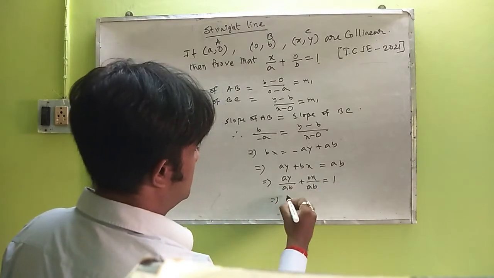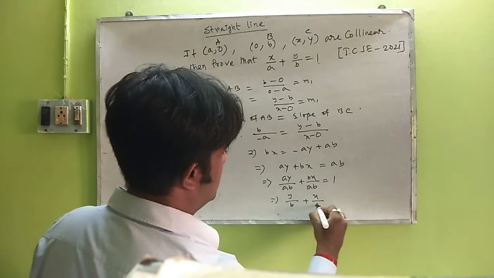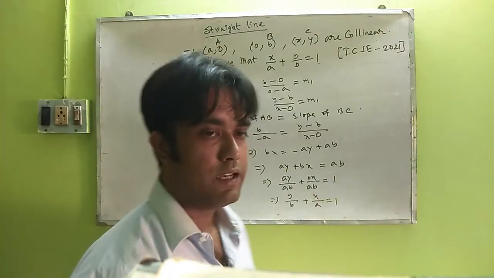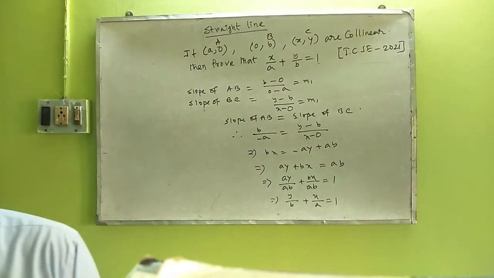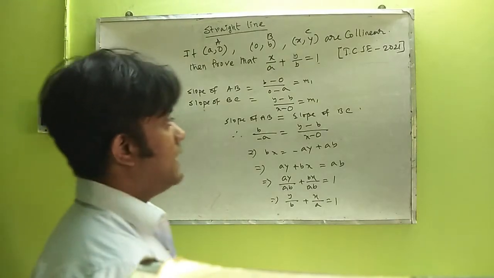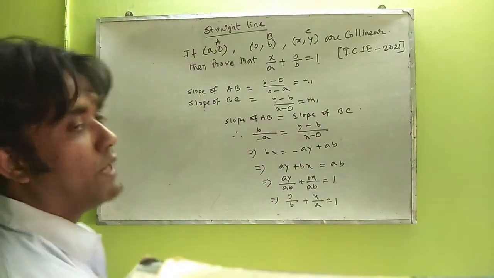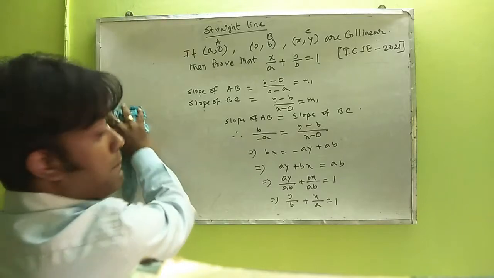This will be 1: y by b plus x by a is equal to 1. So this is the proof. Like this, we do another sum. Okay.